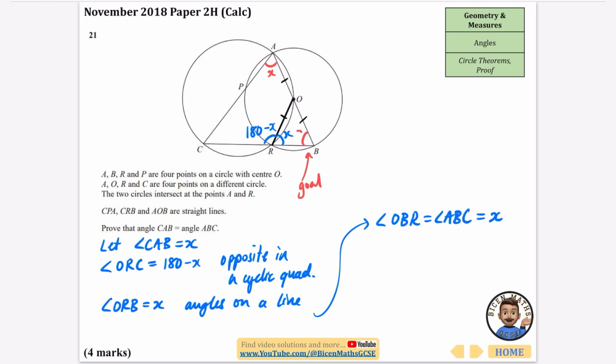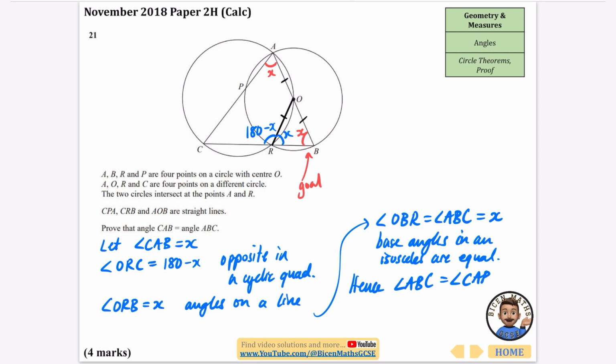And the reason is because it is an isosceles triangle: base angles in an isosceles triangle are equal. Hence, angle ABC is equal to angle CAB, because they're both equal to x.